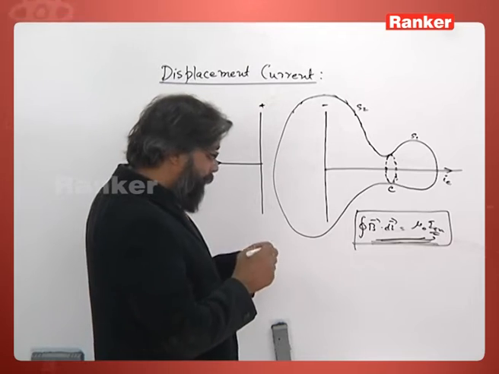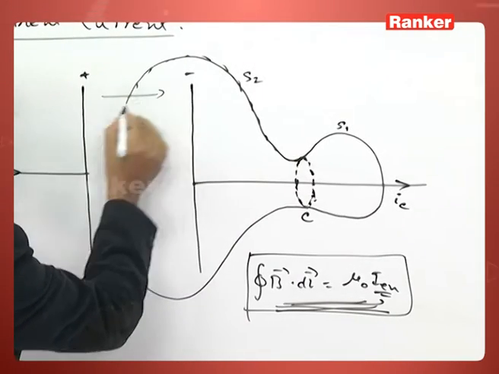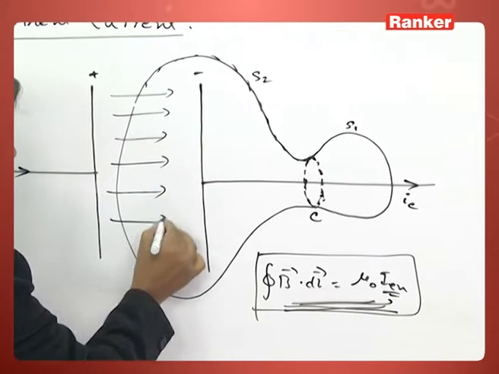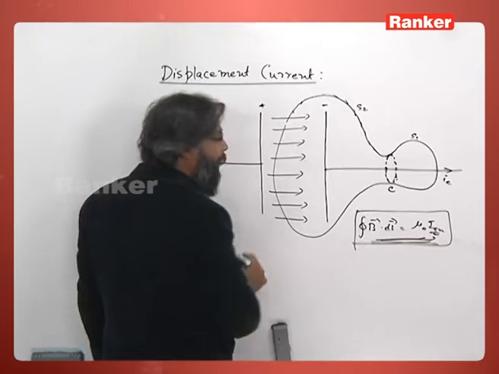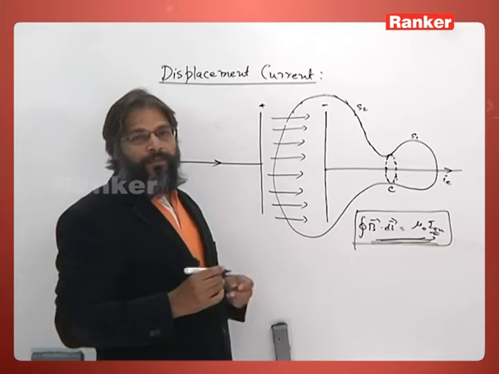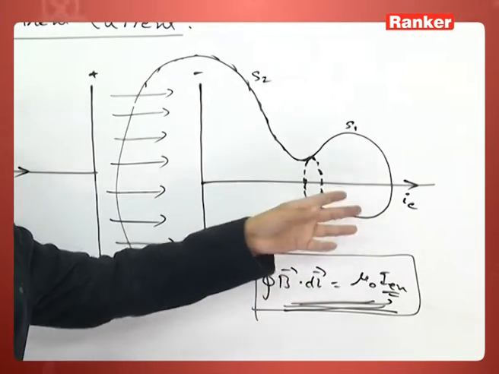Now this can only be explained if we assume that the electric field which is set up in this capacitor is also capable of producing magnetic field similar to the magnetic field produced by electric current, that is the conduction current.